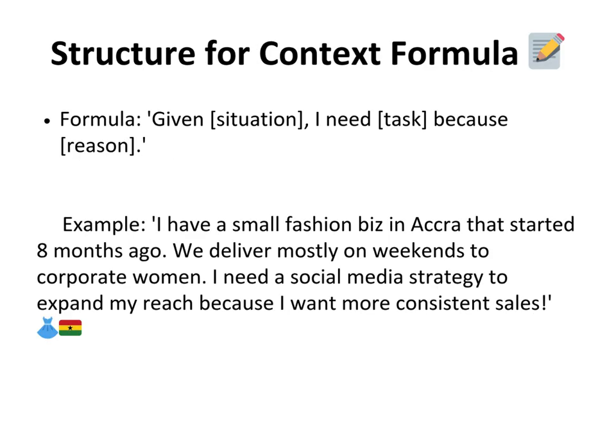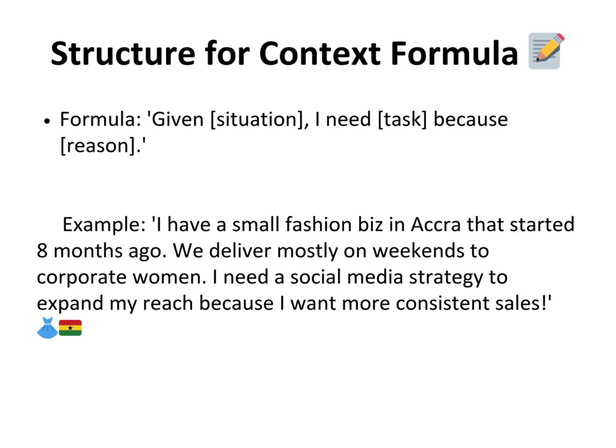So what's the structure of a context or background formula for an AI model? The formula is, in brackets, situation; I need, in brackets, task; because, in brackets, reason. Let's look at this example. I have a small fashion business in Accra that I started 8 months ago.